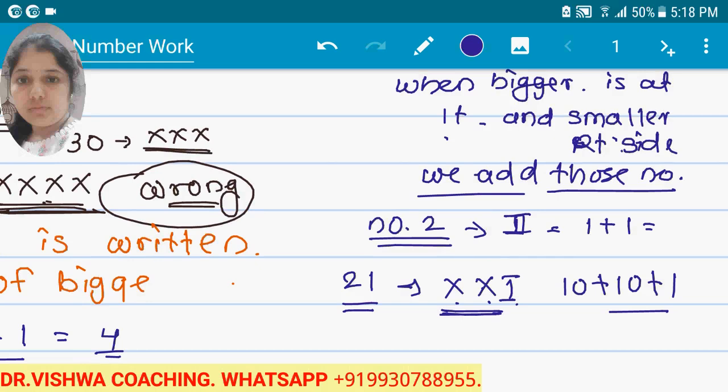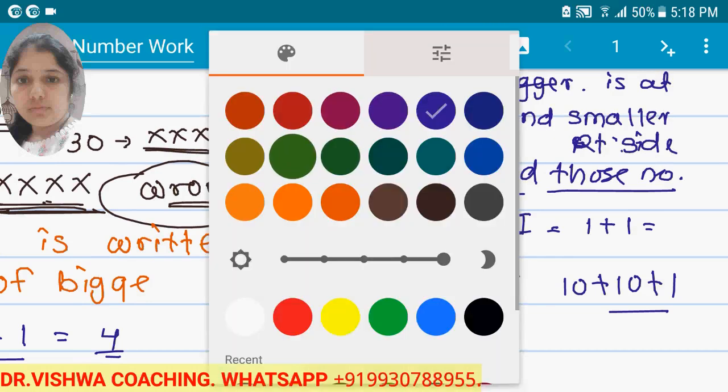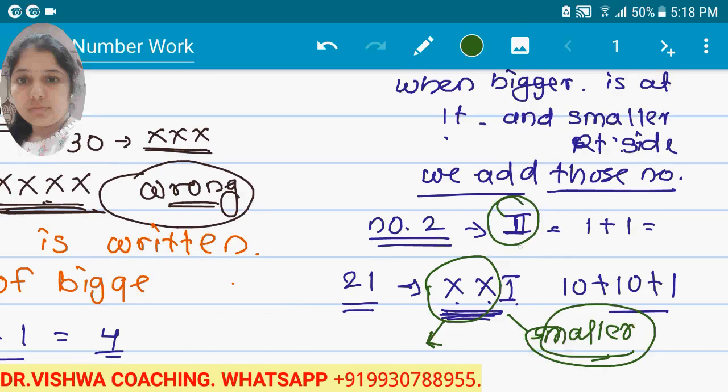Whenever the bigger number, X is bigger than 1, is at the left side and the smaller number is at the right side, we add them. And the fifth rule is, whenever the same number is repeated, then also we add them. These are some rules regarding Roman numbers.